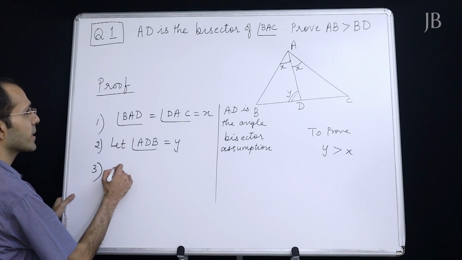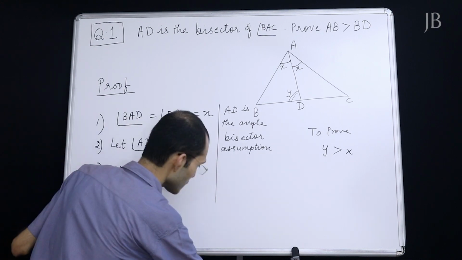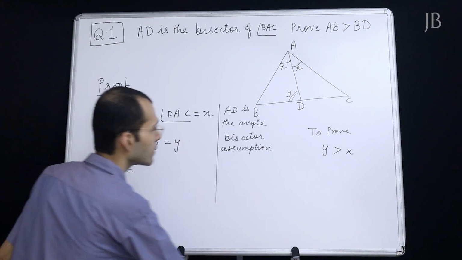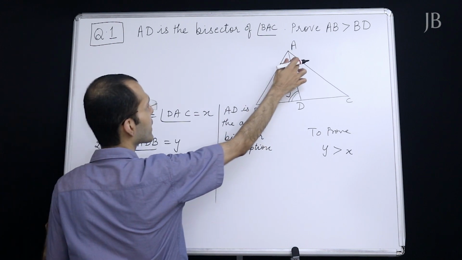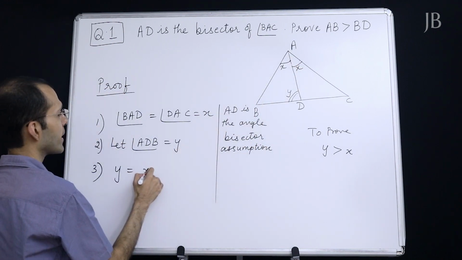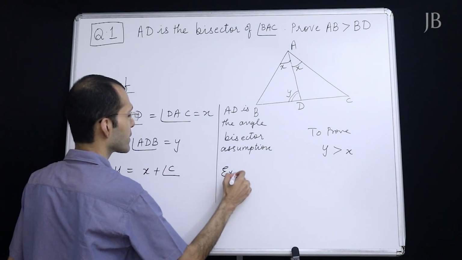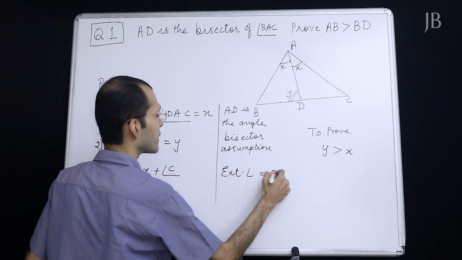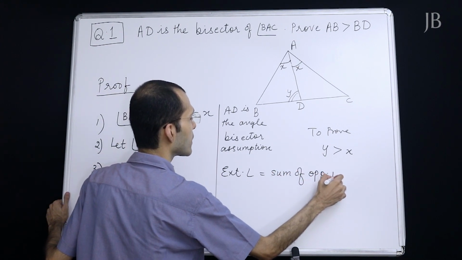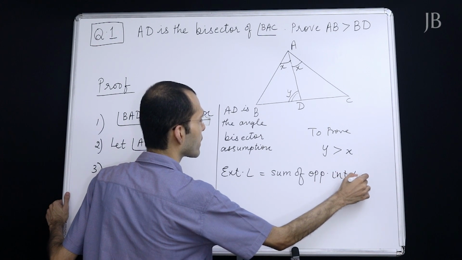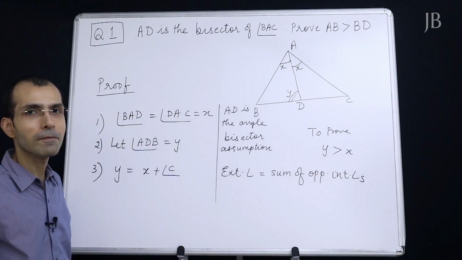So I can say that Y will be X, this X. Now both of them are X only, but we are referring here. Y is equaling X plus angle C. This is called exterior angle is equaling sum of opposite interior angles, and we are done.